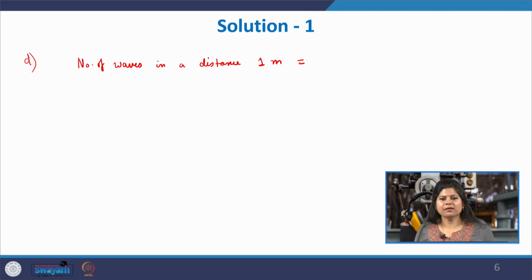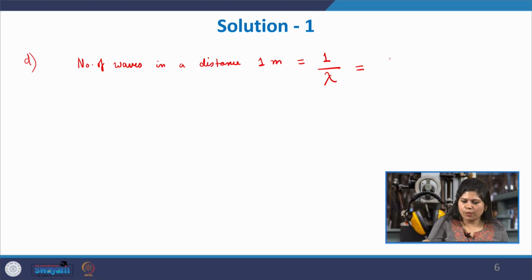What would that be? Each wave takes a distance of lambda meters in space. So, the number of waves in 1 meter would be 1 by lambda, by definition of the wavelength. Each wave takes lambda meters, which is 0.69 that we had found.